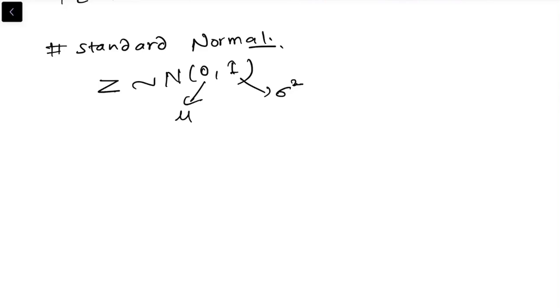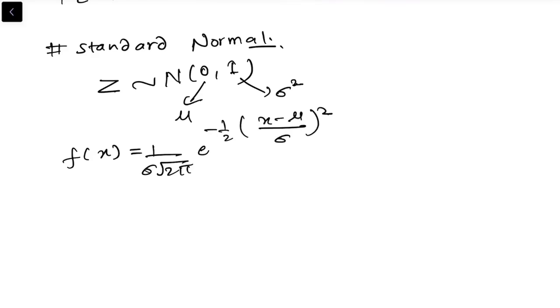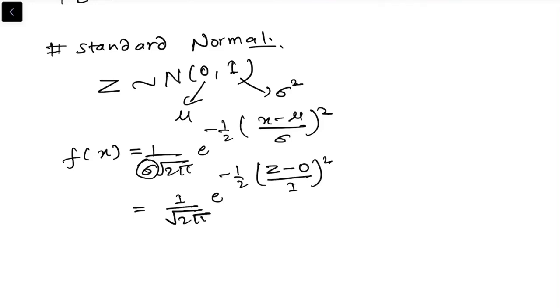And we saw that the PDF of normal distribution is 1 over sigma square root 2 pi e to the power minus half times (x minus mu divided by sigma) whole square. So if you put mu equals 0 and sigma equals 1, then you'll get the PDF of a standard normal. So this becomes 1 over square root 2 pi e to the power half, and now we replace x with z, mu is 0, sigma is 1, so this is z square.